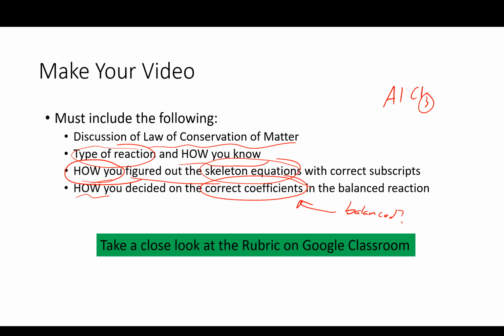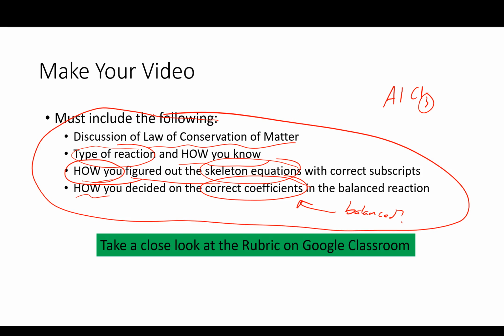You could do a Google Slide with a Screencastify video where you go through it kind of like what I'm doing right now for you, and then upload that to Flipgrid. That's great. Or you could just video yourself in front of a piece of butcher paper or something. I don't really care how you go about it. You have creative leeway as long as it is a video and your video correctly contains all these things.